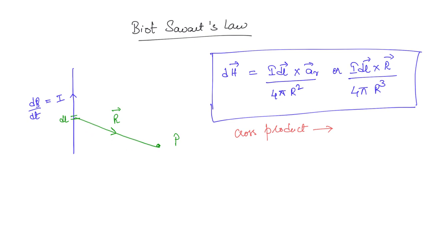So if you draw these two vectors again, this is I dl bar and this is r bar. How will you now get the direction?